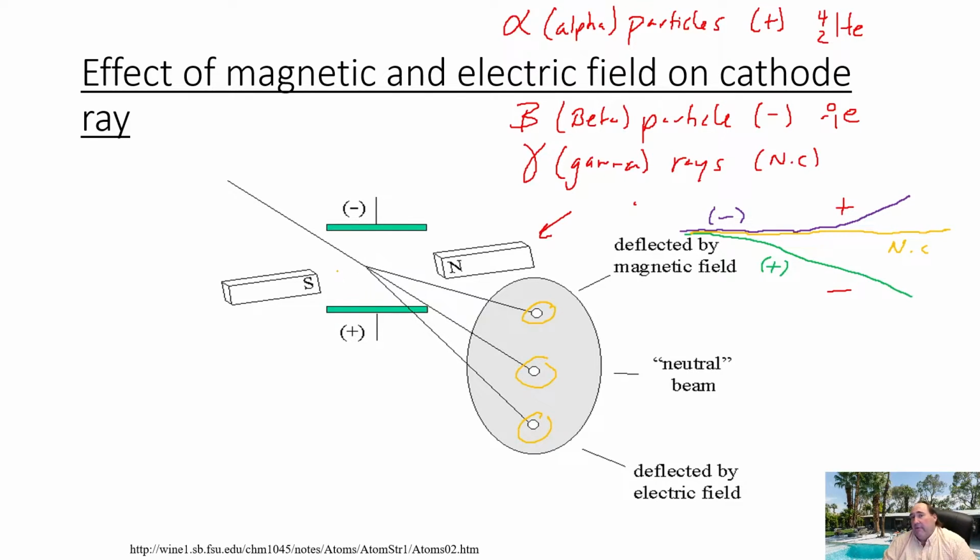So a lot of early scientists used radioactive particles, which have charges associated with them, to explore the atom and what other particles might be present. Again, the cathode ray tube used negative particles, which could be affected by an electrical field or a magnetic field.